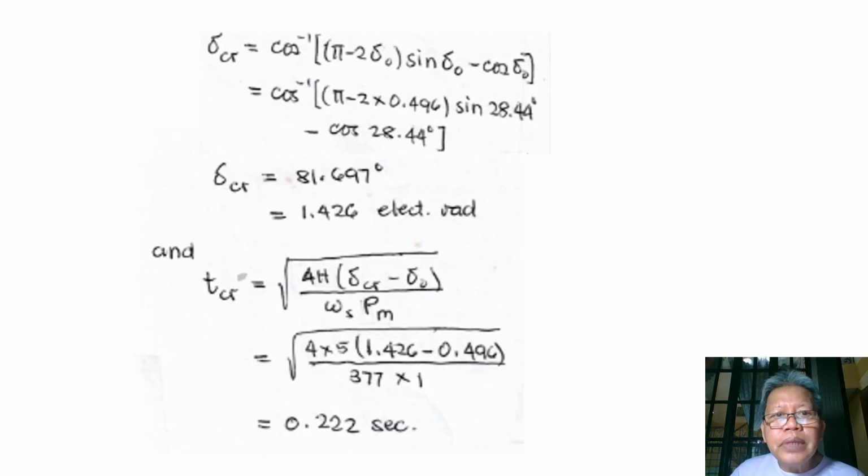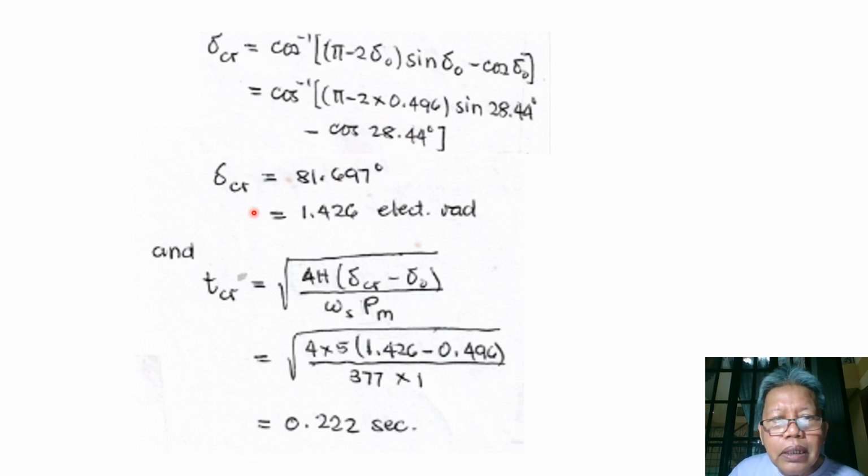So for our solution, our delta CR would be equal to cosine inverse of (pi minus 2 delta O) sine delta O minus cosine delta O. Substituting the values for delta O, we just get the inverse of this.